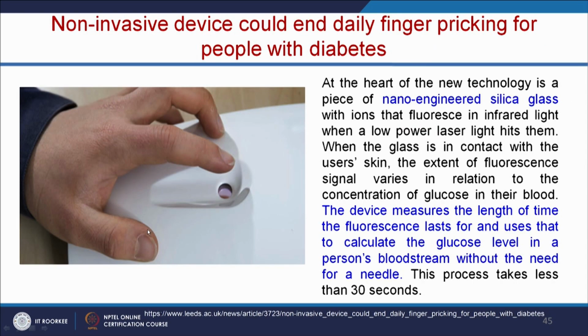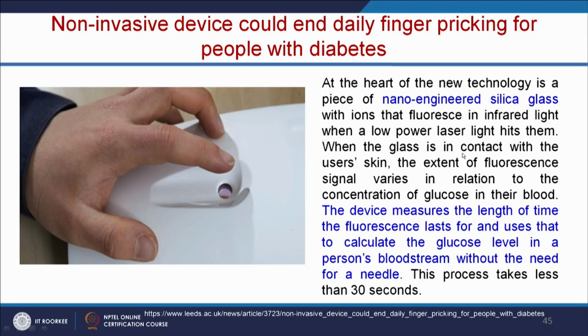To overcome these invasive techniques, scientists from Leeds University have developed a non-invasive device that could end daily fingerpricking for people with diabetes. They have used a nano engineered silica glass with ions that fluoresce in infrared light when a low power laser hits them.